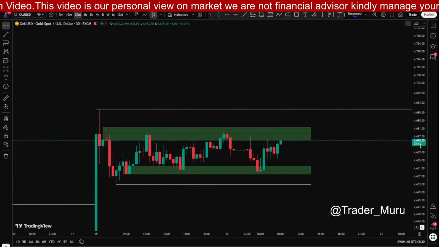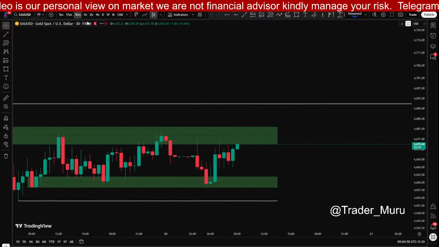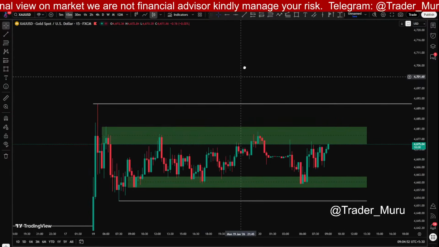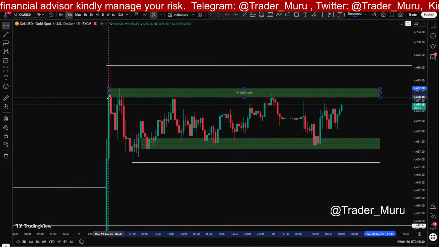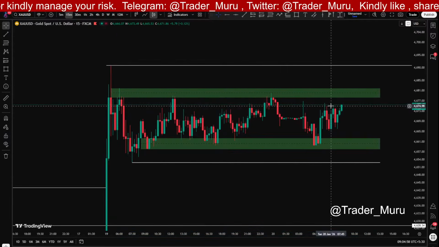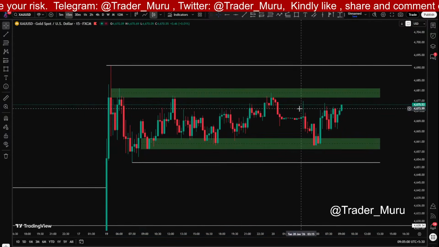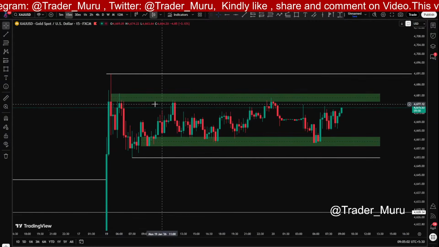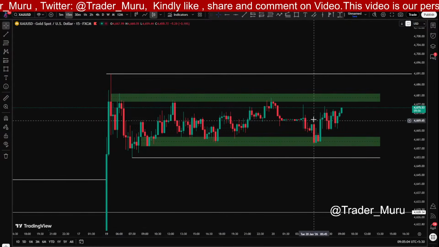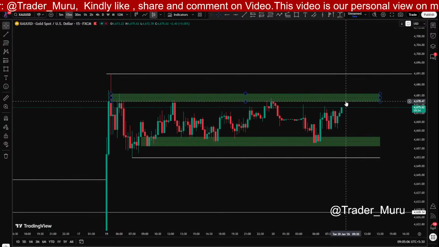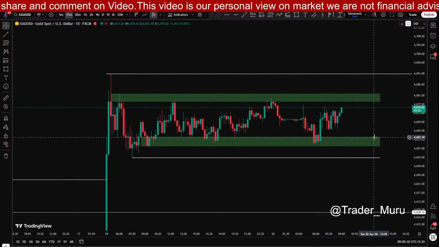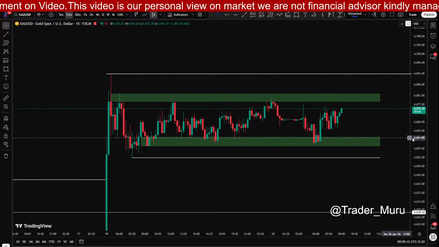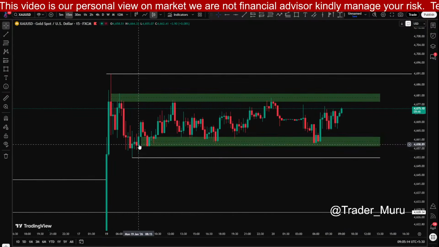So in gold, we are waiting for confirmation, and here we have this supply. See, this supply is clear here, so we can see a test and rejection again. If the test happens and it rejects, it will be a short opportunity towards 4661.